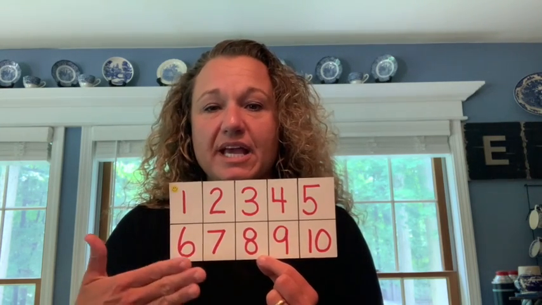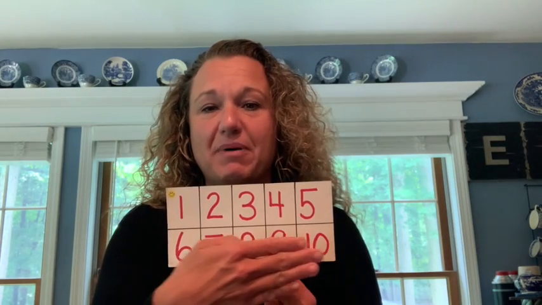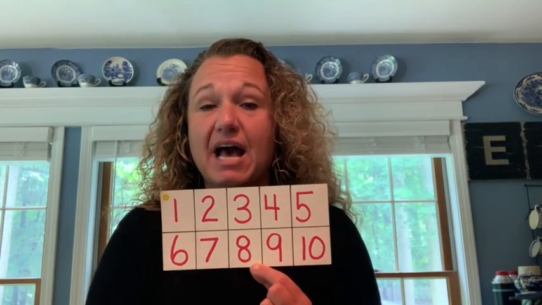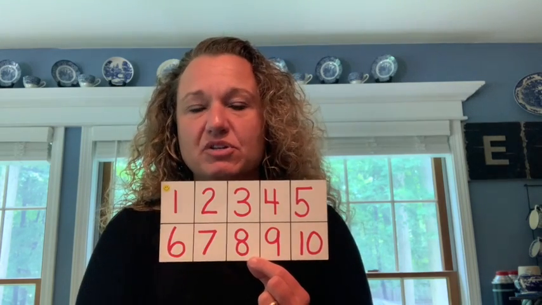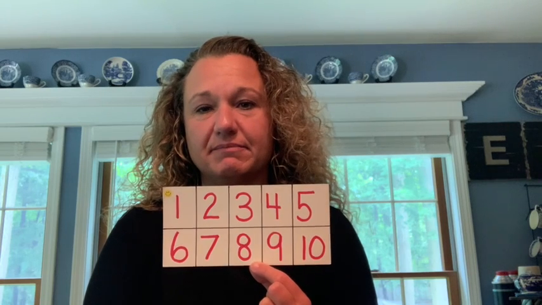Now, you can't put any numbers or anything in your bottom part of your 10 frame until the entire top row is filled. So now I'm going to show you how to count using your 10 frame.